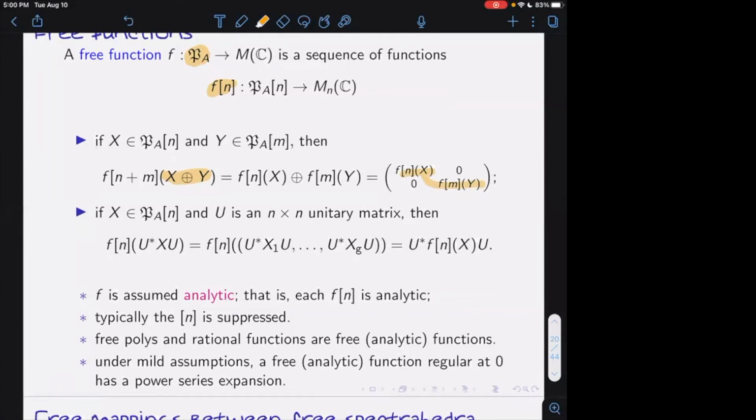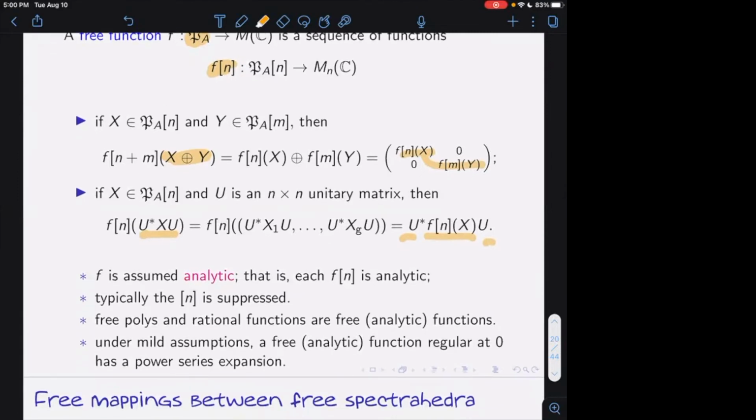You also want to respect unitary conjugation. So you want f applied to the unitarily conjugated tuple x to be the same as evaluating f at x, and then taking the unitary similarity. And then I'm going to assume that the f's are analytic throughout the talk, meaning each fn is analytic.